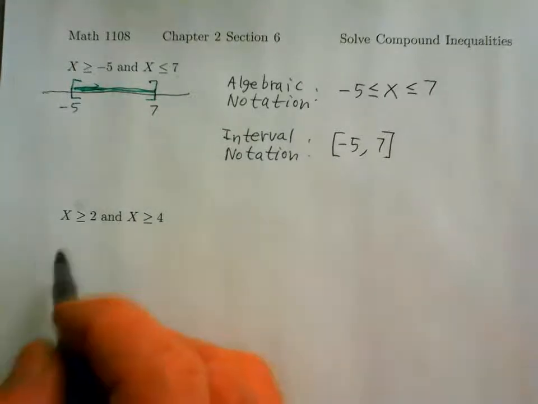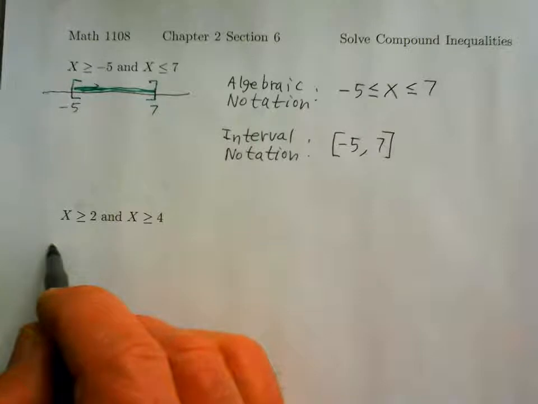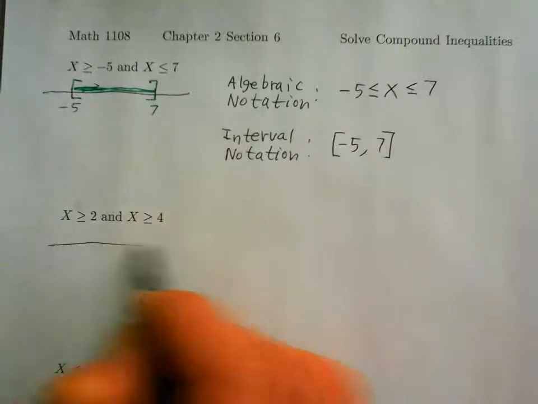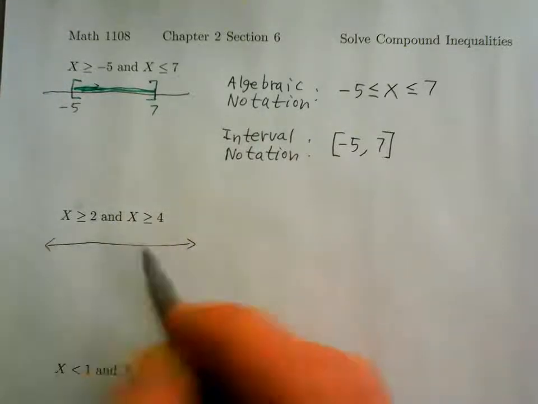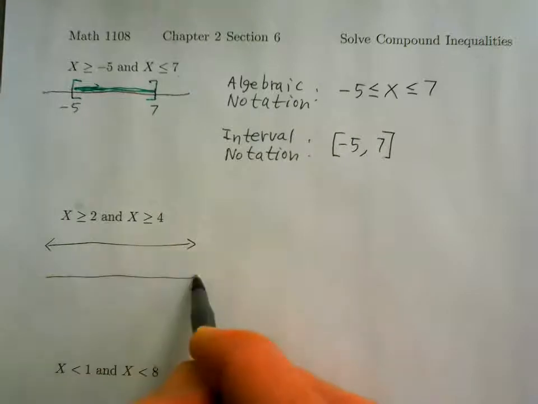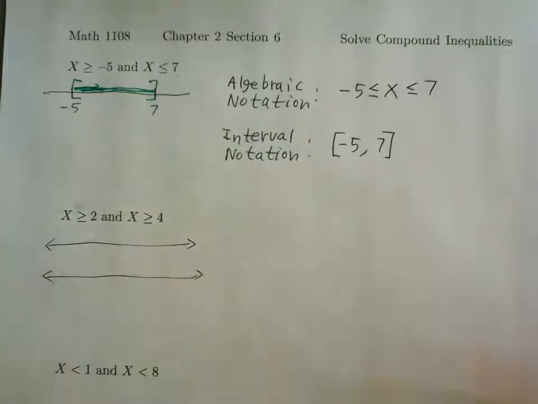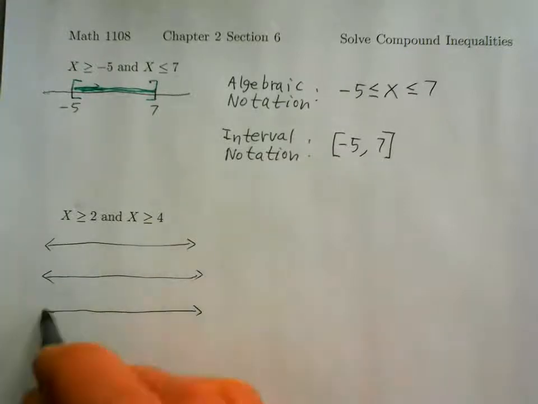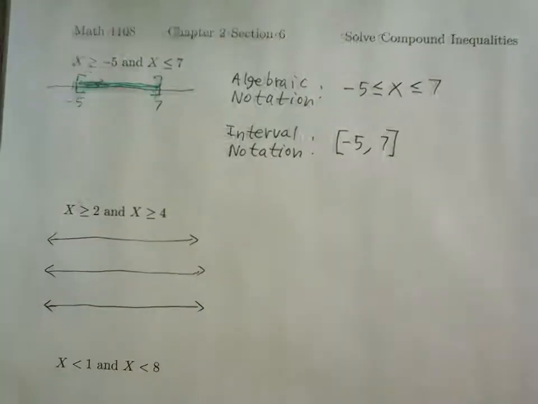For this one, let's do 3 number lines. One for x is greater than or equal to 2. The other one for x is greater than or equal to 4. Since the word and is used, we want to find the overlap or the intersection.